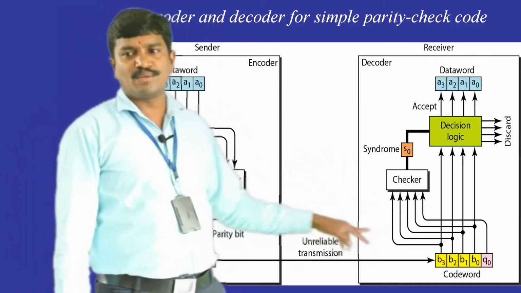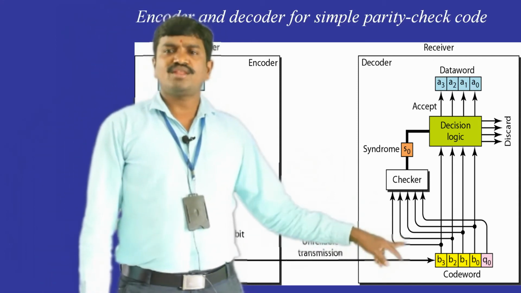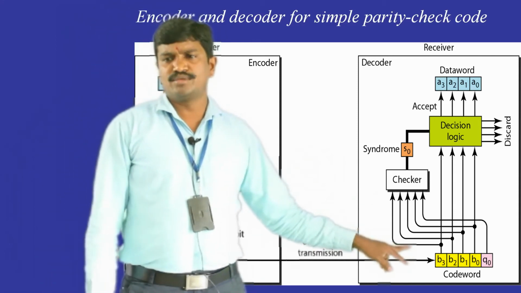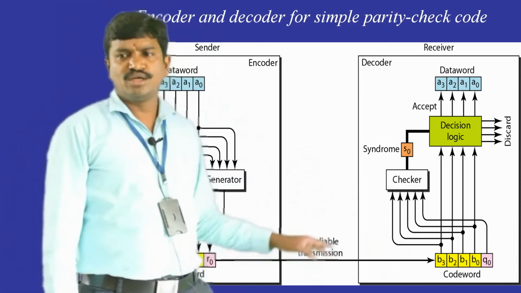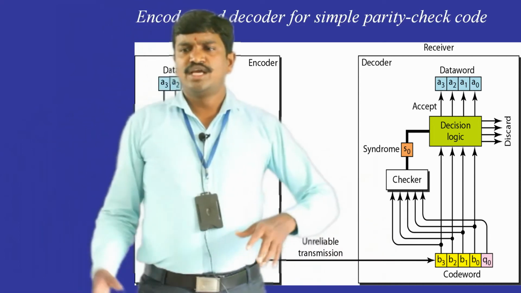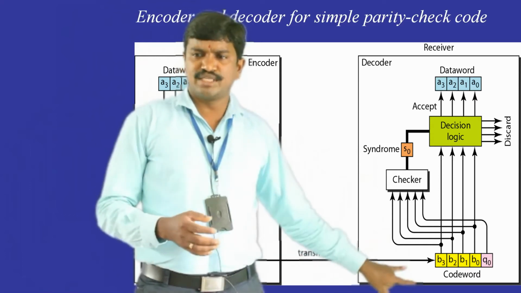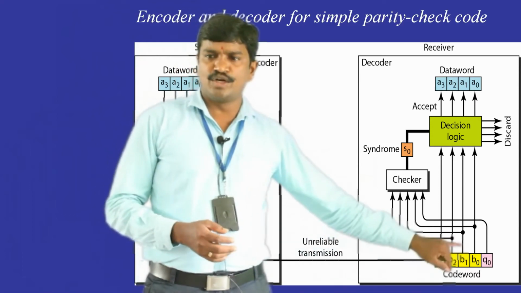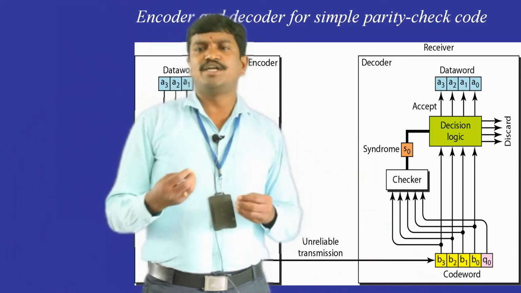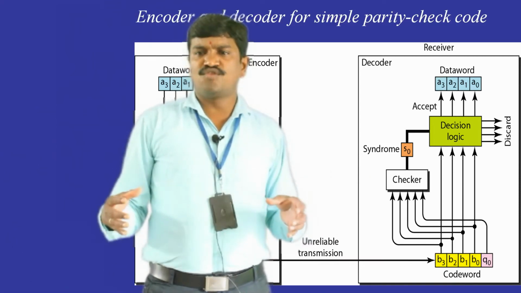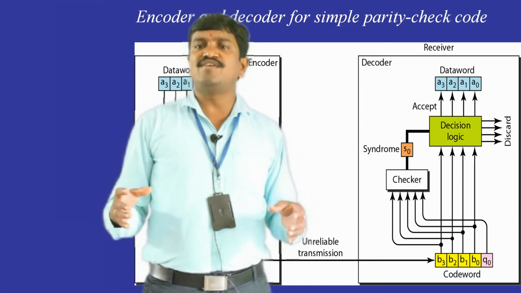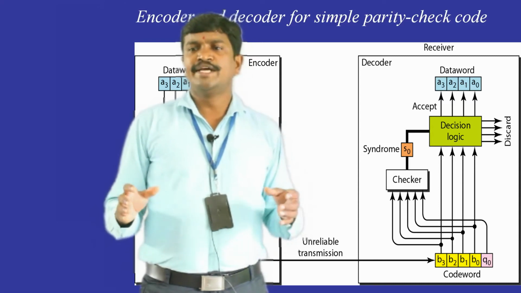Now we need to check whether it is corrupted or not. In order to check it, the checker program takes the input, that is, the data bits B3 to B0 and the parity bit also. Now, the total number of ones in the code word is what? Even. If it is to be error free, it should be even.